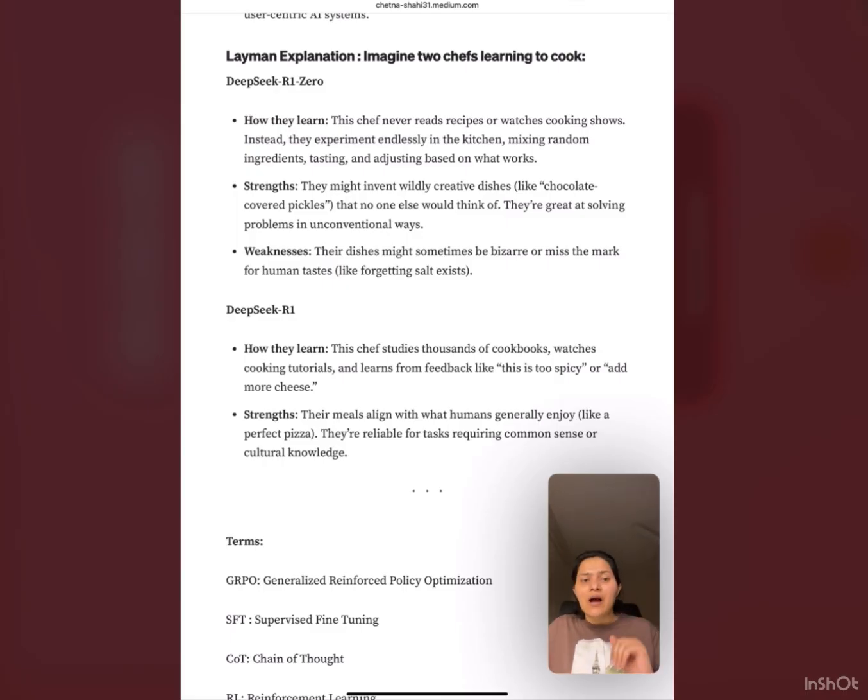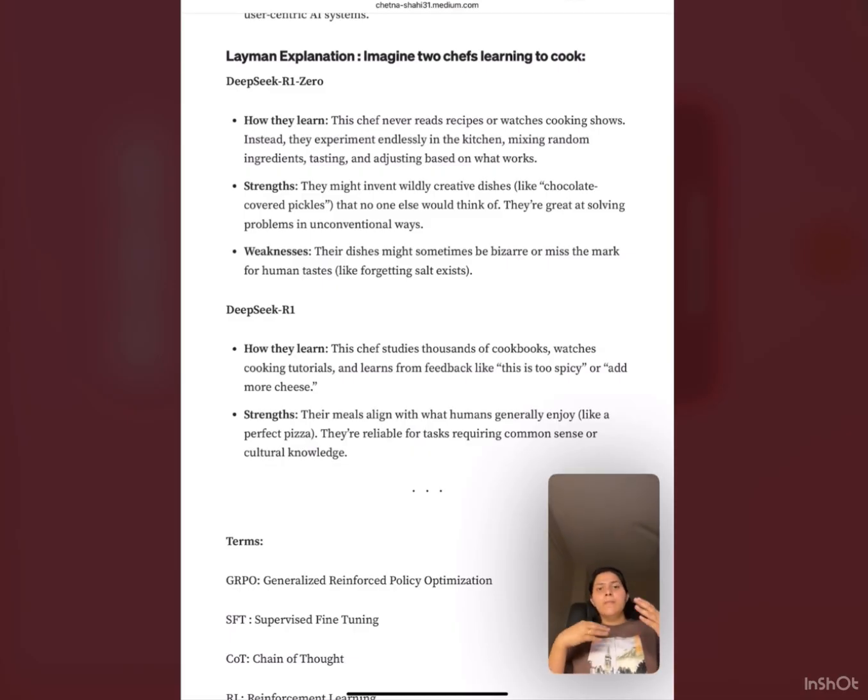DeepSeek-R1, on the other hand, is a chef who likes to study different recipes. He decides to watch different videos, be fully prepared, and understand how human tastes are, based on the feedback that this recipe can be too spicy if I add so much pepper, or too salty if I add so much salt. So based on feedback and a lot of study, this chef has learned a lot.